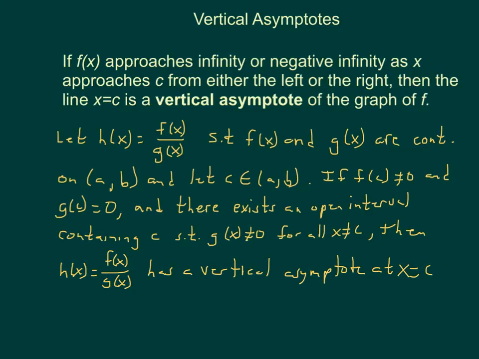That's what this part is saying. If there exists an open interval containing c such that g of x does not equal 0 for all x not equal to c, what that's saying is that we're not just looking at a stretch of x values for which that denominator would be 0. We just have one particular one. So then we know we have a vertical asymptote at x equals c.